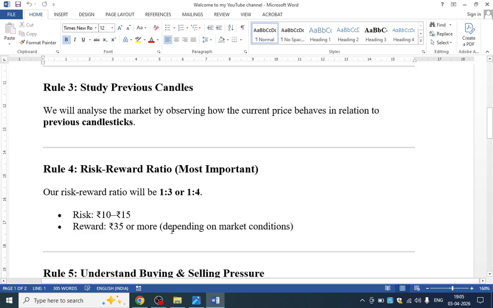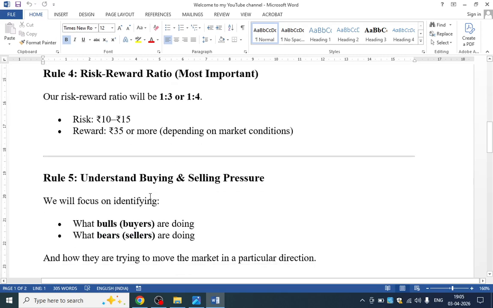This is the minimum, or it has to keep on going, there is no limit to it. I won't get out below 35 or 40, unless I am stopped out at break even, then it is not an issue. We will discuss it in detail.